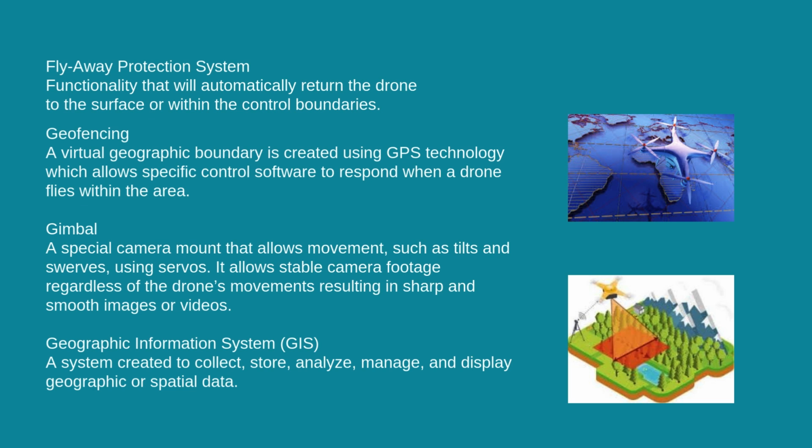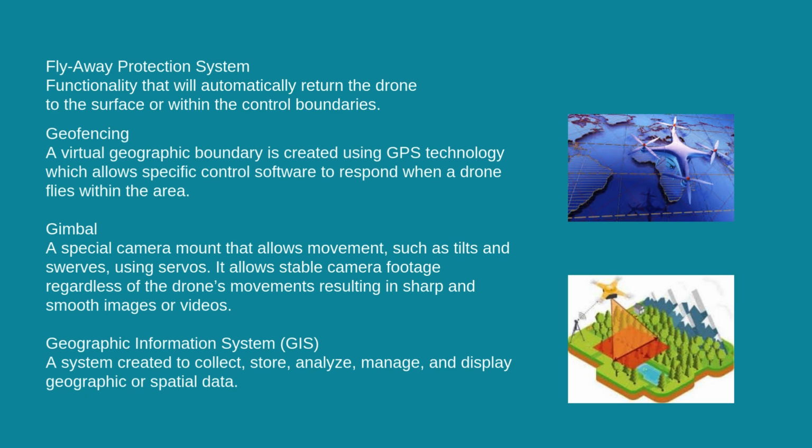Geofencing: a virtual geographic boundary created using GPS technology, which allows specific control software to respond when a drone flies within the area. Gimbal: it allows stable camera footage regardless of the drone's movements, resulting in sharp and smooth images or videos.